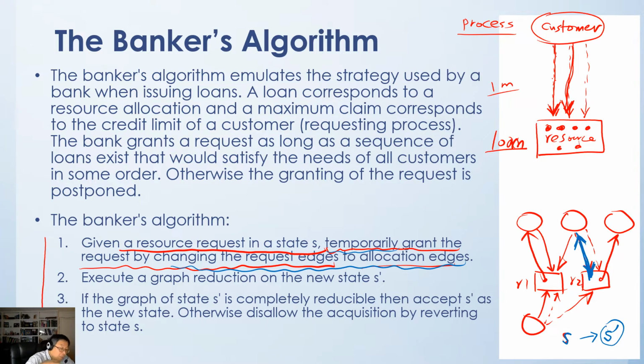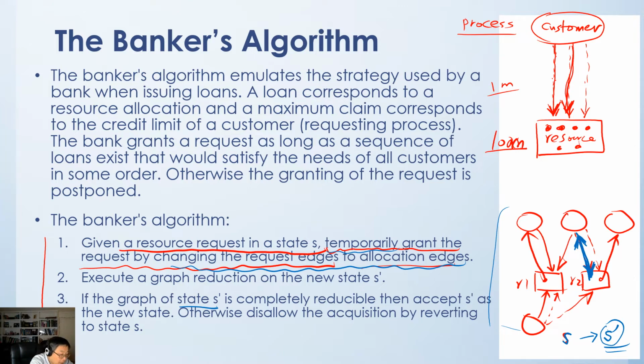Now, if we can keep going this way, eventually reduce the graph. So if the graph of state S prime is completely reducible, so that means we can eventually eliminate all the processes, then we accept this request and change the request to allocation.